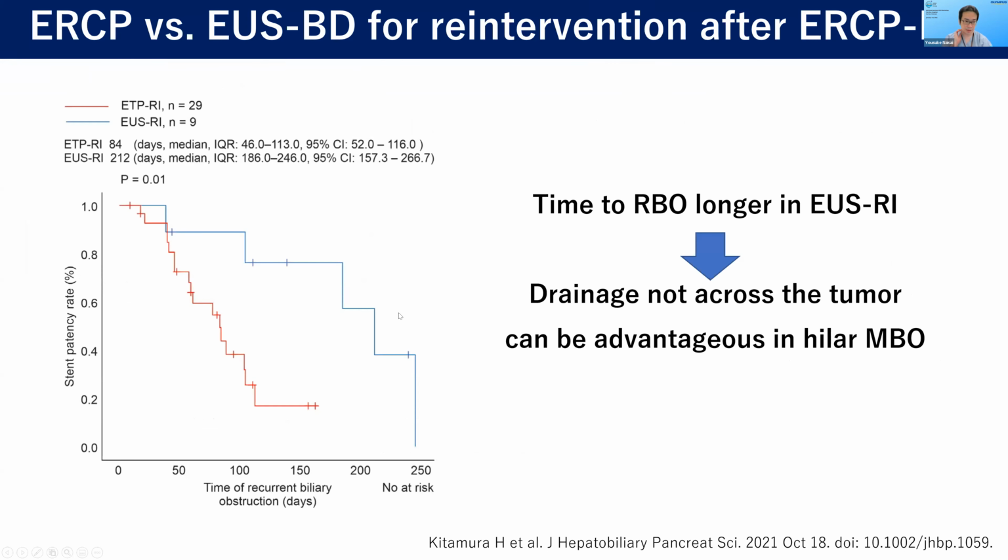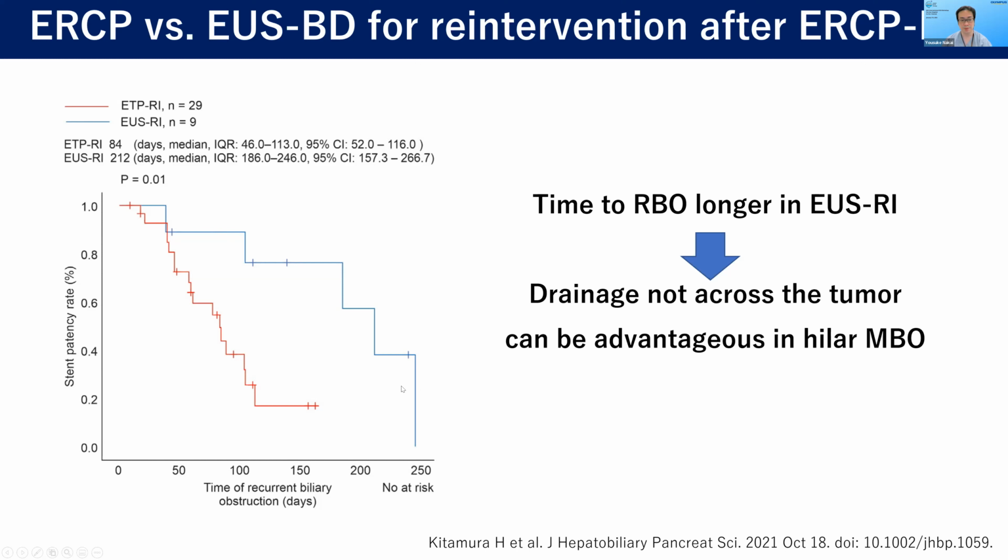And this is a comparison of ERCP biliary drainage and EUS biliary drainage for the re-intervention after multi-stenting. As you can see, ERCP stenting has a short stent patency, and EUS-BD provides longer stent patency.